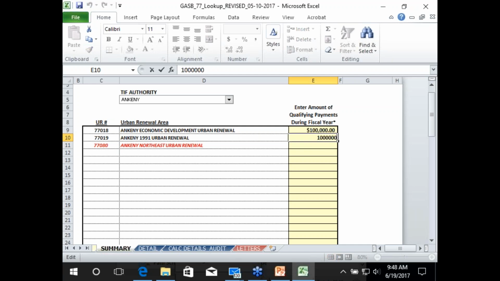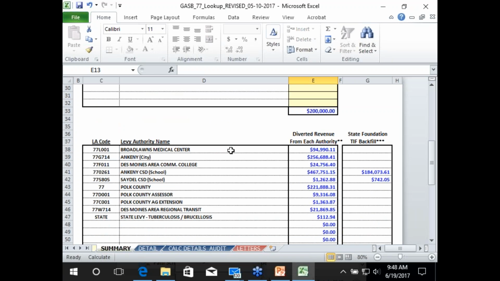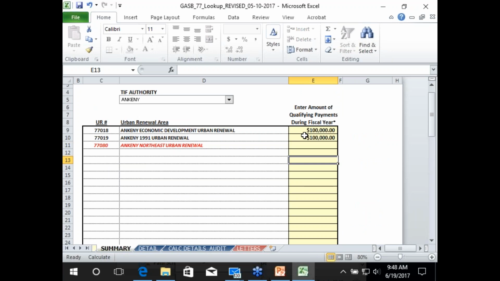Okay, I did it again. Apparently that district has $1 million instead of 100,000. There we go. I'm not going to put the red one in because, as you remember, if it's in red, it doesn't matter. So if you go down here, the amount that's going to be in the letter for Ankeny School District. Okay, that didn't update for some reason.